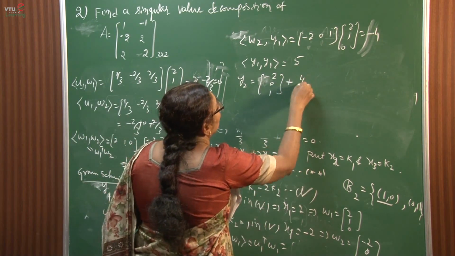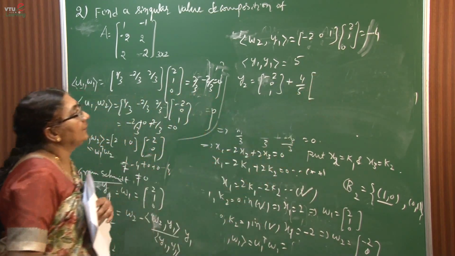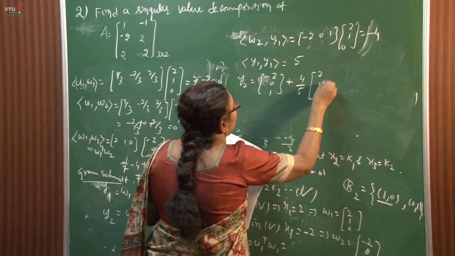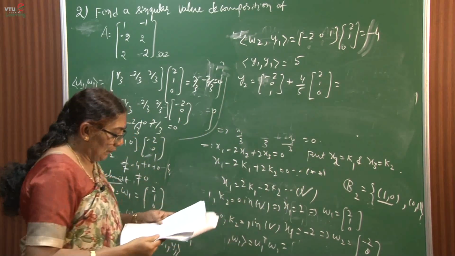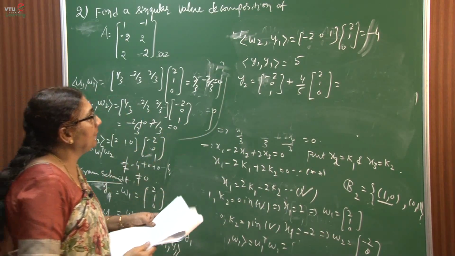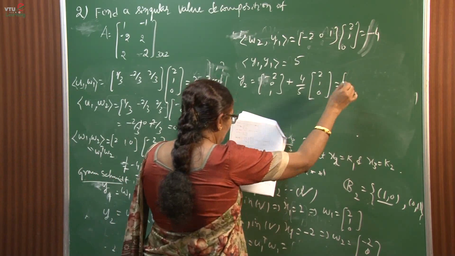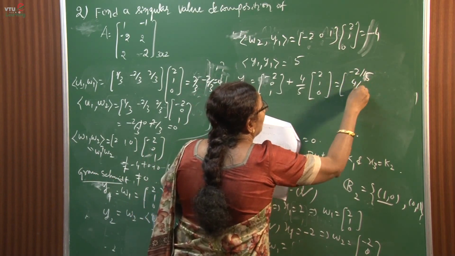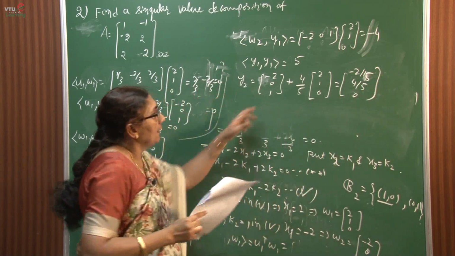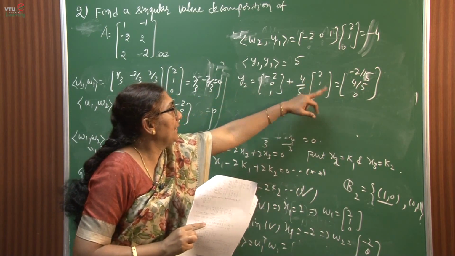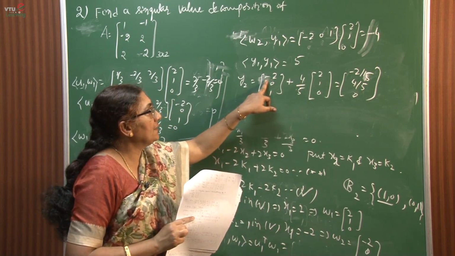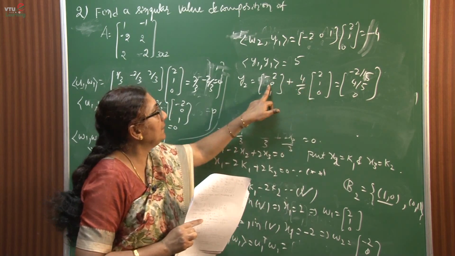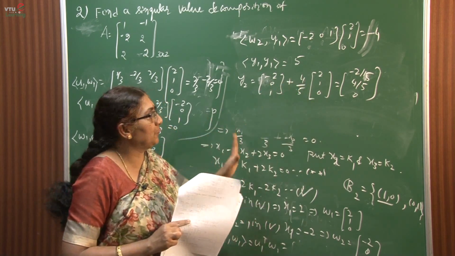Minus 4, so we get plus 4 by 5 into Y1, where Y1 is 2, 1, 0. Now simplify. First take 4 by 5 inside, we get 8 by 5. Take LCM: minus 10 plus 8 gives minus 2 by 5. Then 0 plus 4 by 5 is 4 by 5.